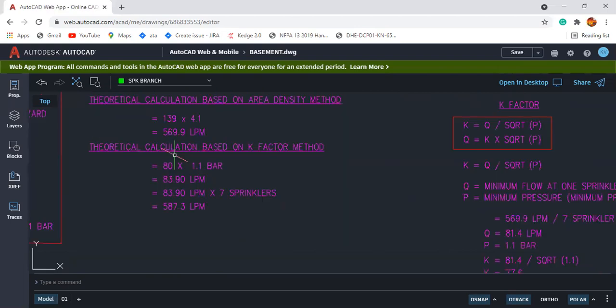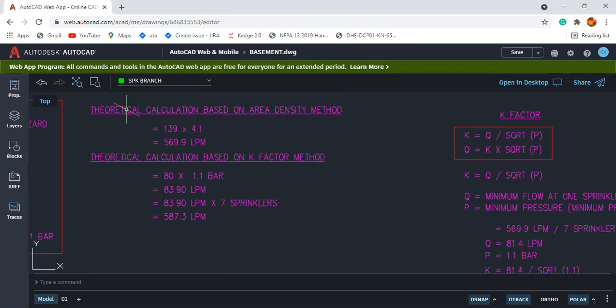After that, you have to double check these values with another method. Before, we made the theoretical calculation based on the area density method; now we have to calculate based on the K factor method. How do we calculate? Based on the reverse of the K factor formula: Q is equal to K into root P. Now we have both answers, the individual sprinkler flow and the pressure.